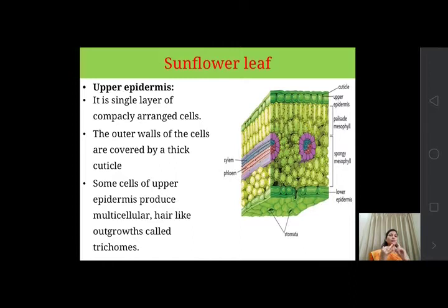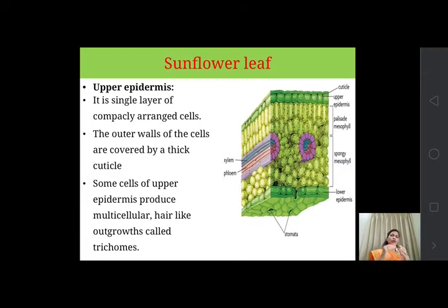So trichome, cuticle and epidermis together form a protective covering on the upper side of the leaf surface, because the upper surface is facing more of the environment, more of the sunlight. So it must show this additional protective structure. That's why this leaf contains these three parts.